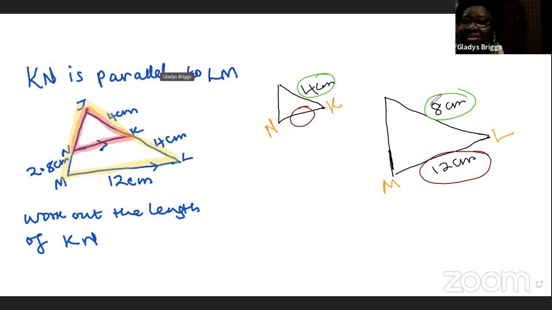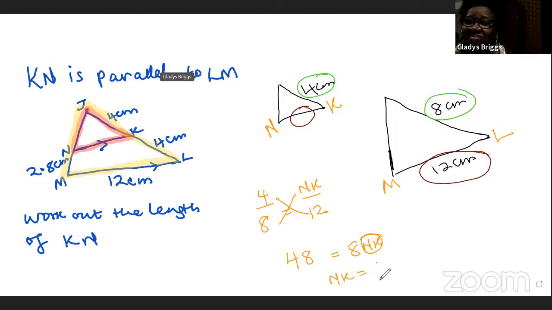So we have this to this, 4/8 is equal to NK over 12. 4 times 12 is 48, which is equal to 8 NK. So therefore, NK would be equal to 6. NK is somebody's name anyway. It's a short form of somebody's name.